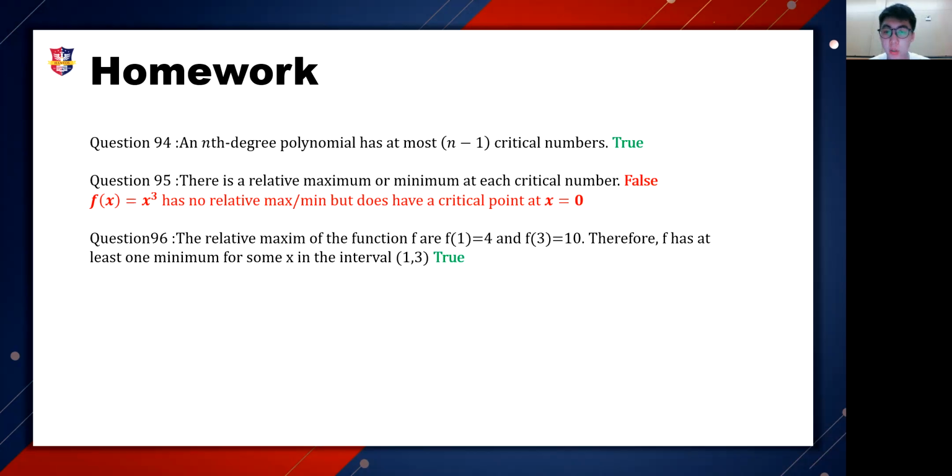So that is correct. Since we do have the relative maximum at 1 with value 4 and at 3 with value 10, so between 1 and 3, there's a minimum point right over there.